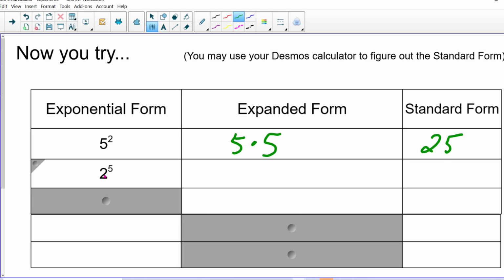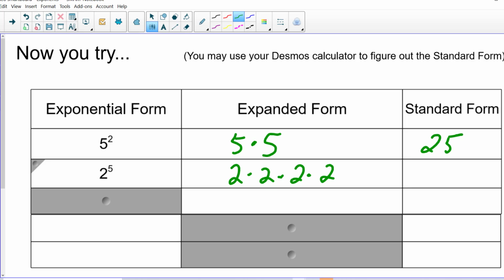Let's look at the next example and write this on your notes. 2 to the 5th power. Now, do you think this might be the same answer? Because I've got 5 to the 2nd and I just switched them around, 2 to the 5th. Let's see. So 2 is our base number. And it says I want to write this how many times? 5 times. So I'm going to say 2 times 2 times 2 times 2.